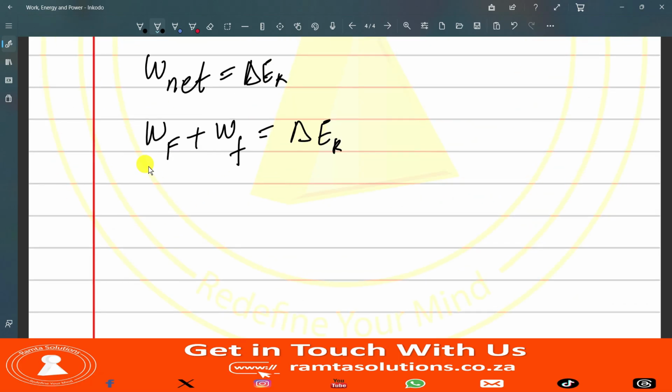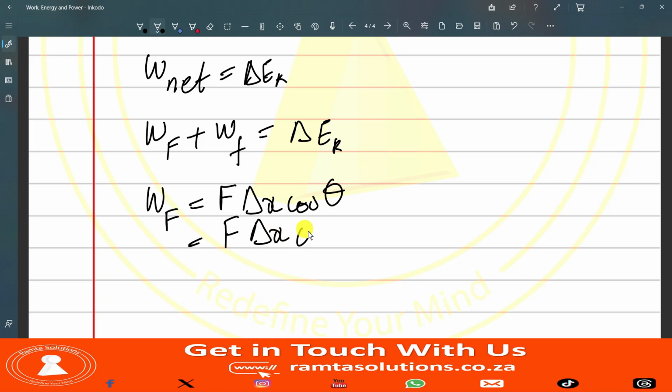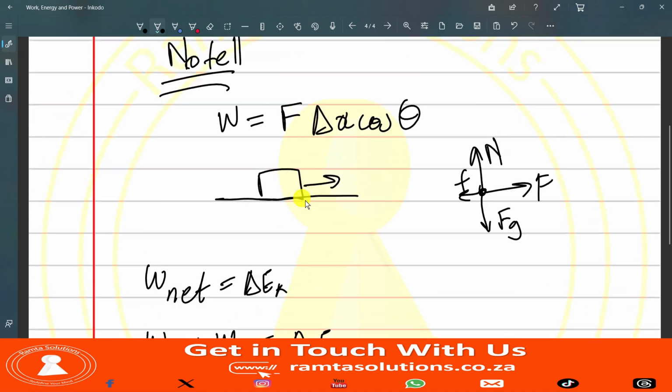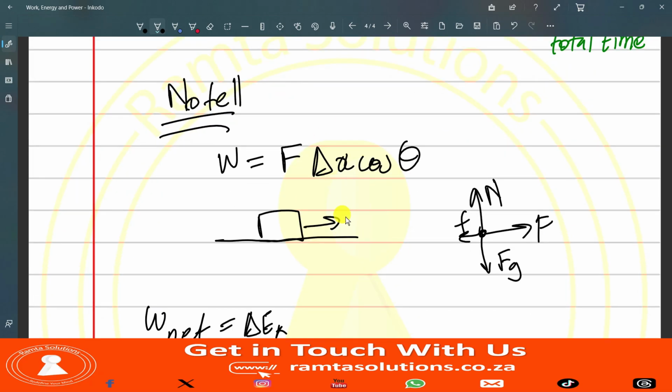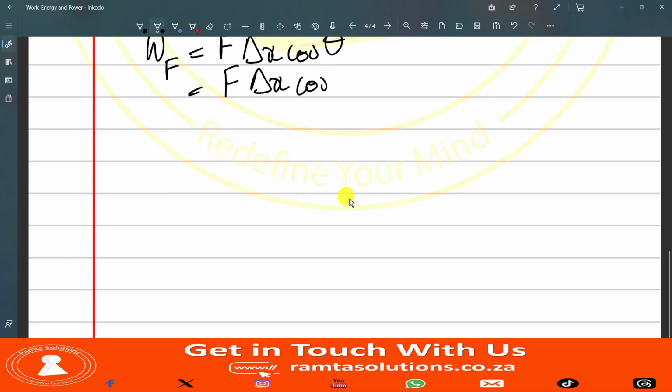It's because, one, work done by applied force will be force times displacement cos theta, that force being whatever value it is, displacement being whatever it is. Now, where is this applied force going? It is going in the direction of the displacement. If it is going in the direction of the displacement, the angle is 0 degrees. Now, cos 0 is positive. So this means applied force does positive work.